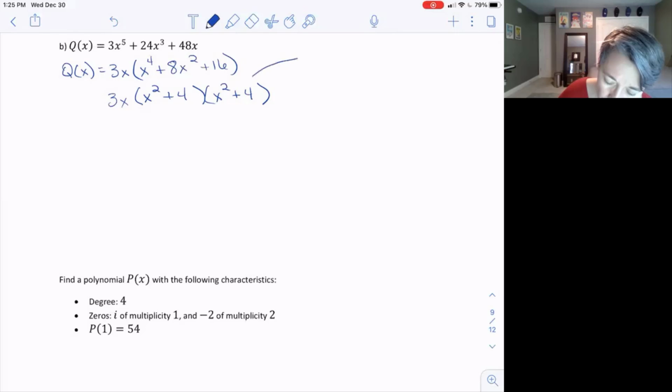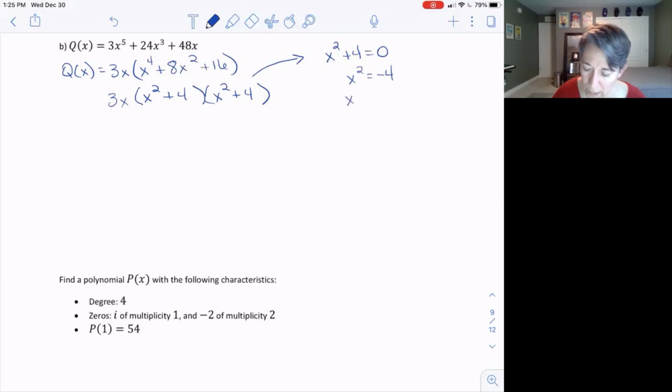So if we're looking for our zeros, we can take this x squared plus 4, set it equal to 0, and solve it. We get x squared equals negative 4. So x equals the square root of negative 4, which is 2i.